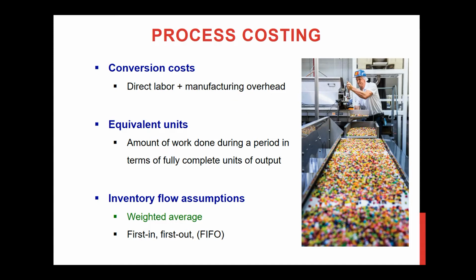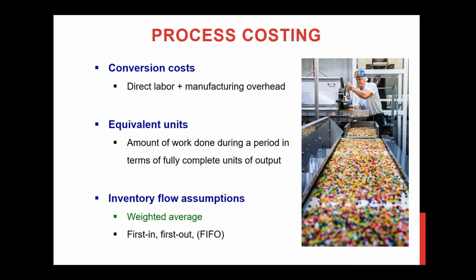And we will also learn one terminology which is called equivalent units. So when we do our production, at the end of every day or at the end of a certain period, we will have some work in process inventory. Work in process inventory means the inventory which is still under production process.